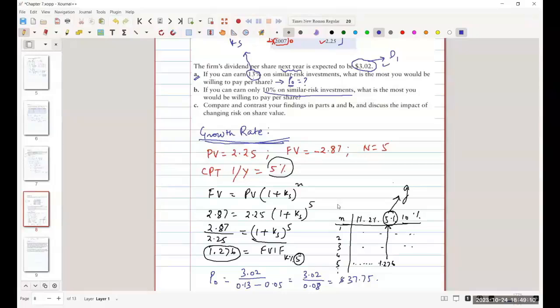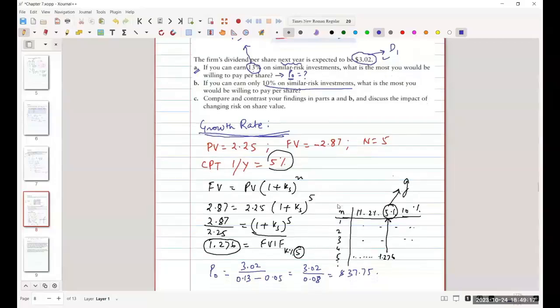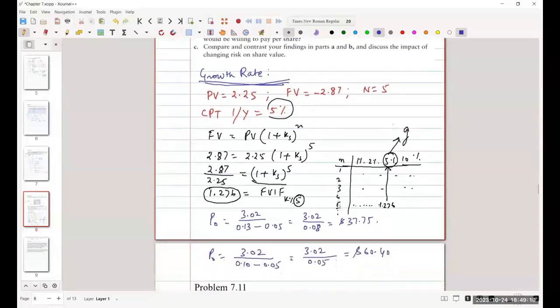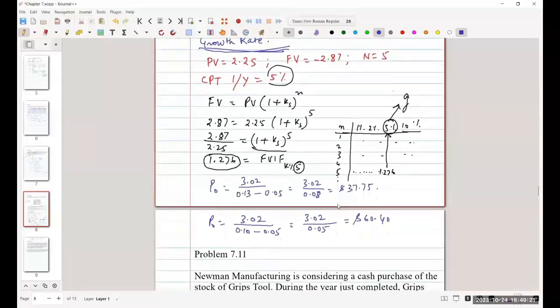A lower value for required return should lead you to a higher price. So that in part A, when we had calculated the price, it was $37.75. In part B, we got $60.40, an increase in price because the required return went down. Why did it go down? Because the risk perception declined.